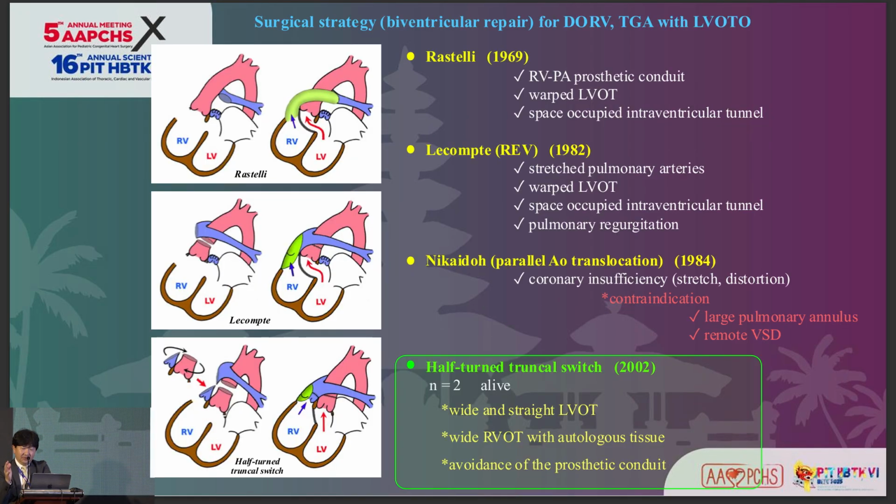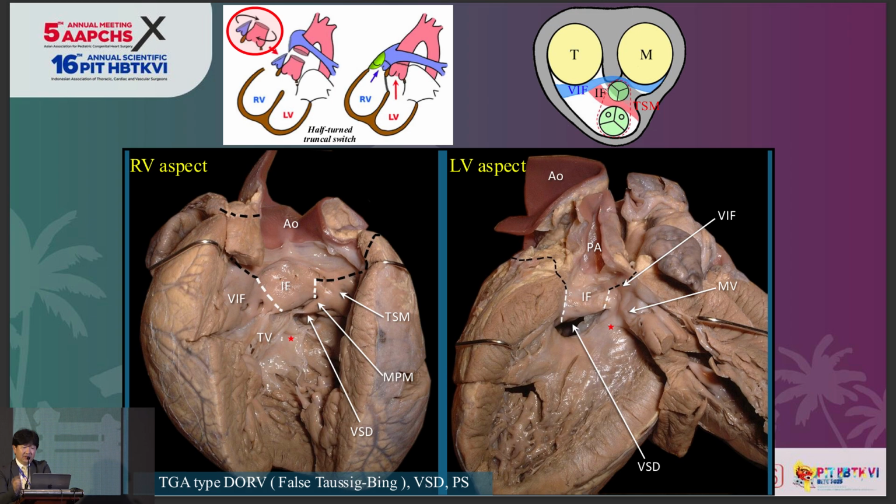So Professor Yamagishi presented this slide to me, the half-turned truncal switch operation. Probably you know about that. But this one cuts the aorta and also the infundibular septum as well. Then the aorta and pulmonary artery are just turned.